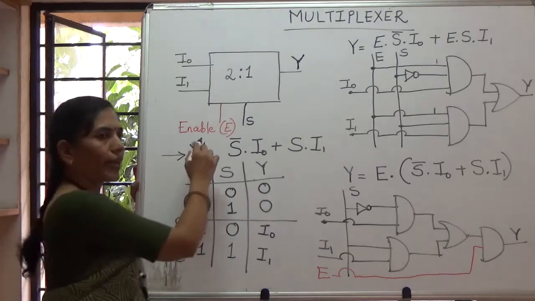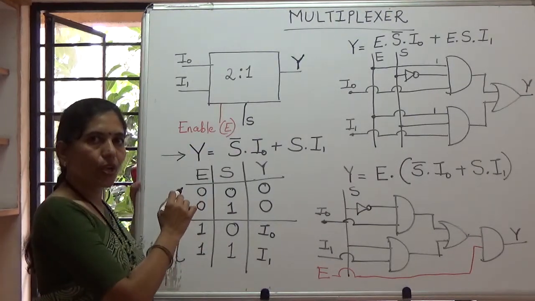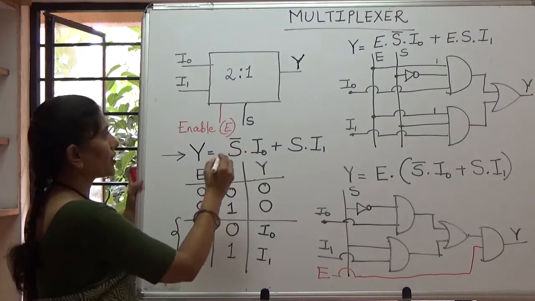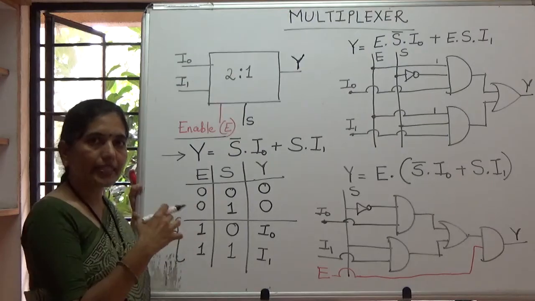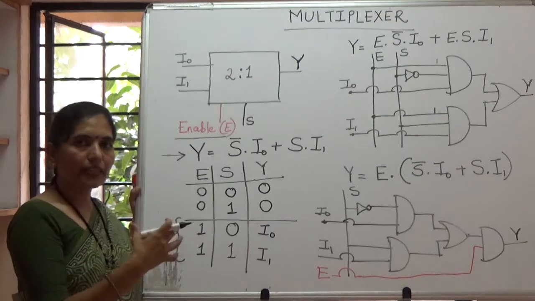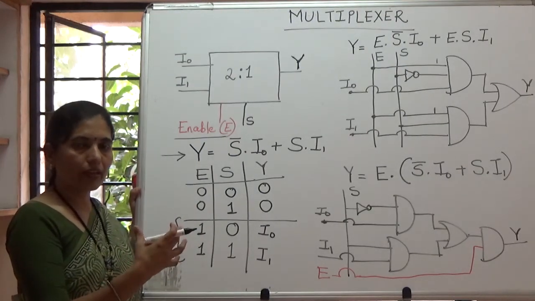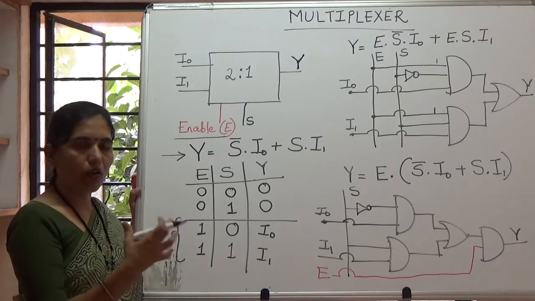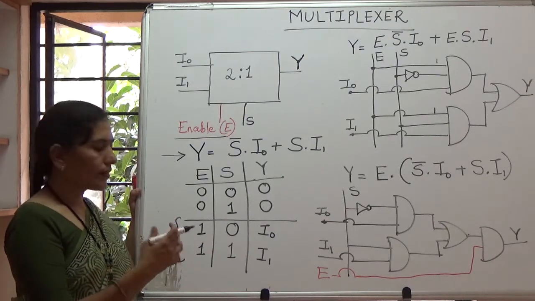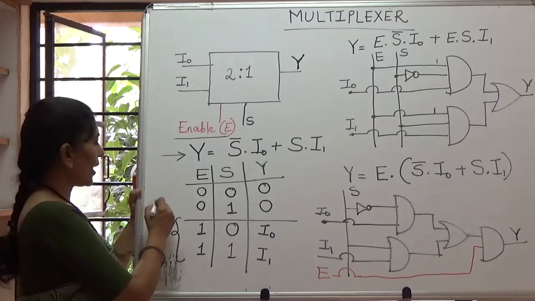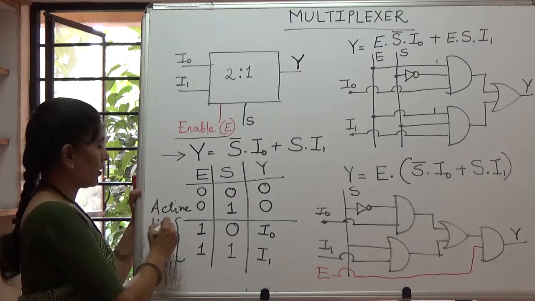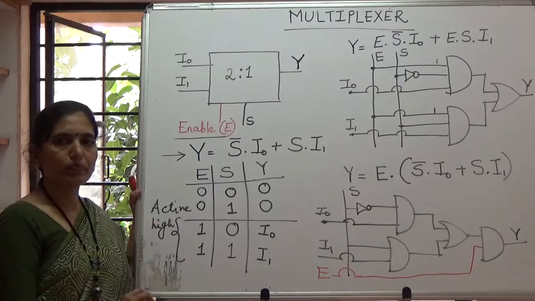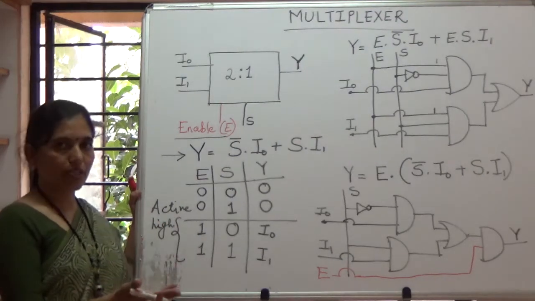Such a type of enable line is called an active high enable line. So when we are saying that the multiplexer will be active only when E is high, or the enable input is 1, that type of line is called an active high enable line. And this can be opposite also.